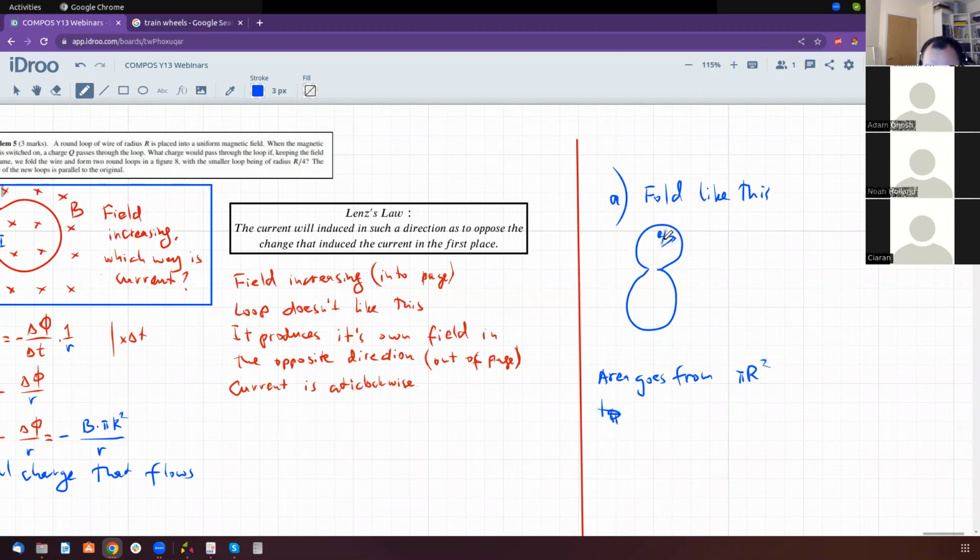One is r over 4, and the other one has to be 3r over 4.